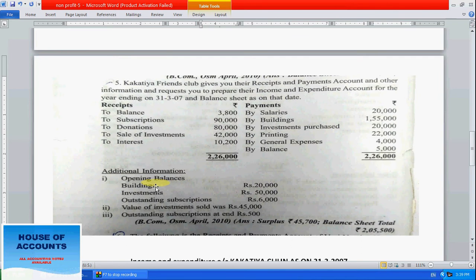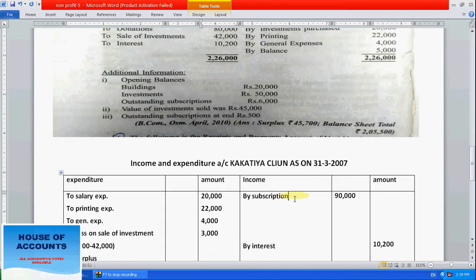Opening building is an asset, investment is also an asset. Outstanding subscription means this is last year's subscription. It is not mentioned which year the subscription belongs to, but every year's subscription in total is 90,000. So this 6,000 subscription is related to last year, so we have to deduct it here, because it belongs to last year.